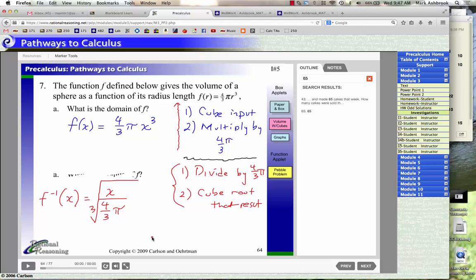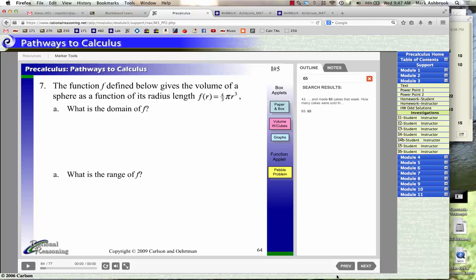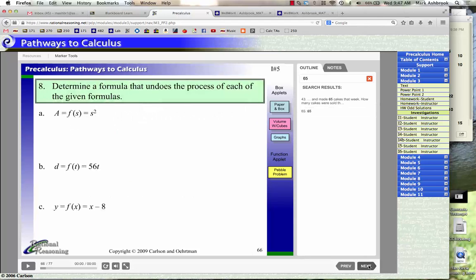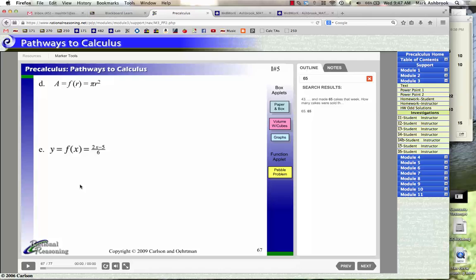So I want you to practice this. Any questions before I erase that? Did that make sense? This one, part E, what page is that on? Page 104. F of x is 2x minus 5 all over 6.